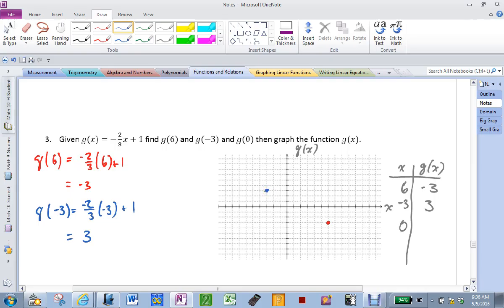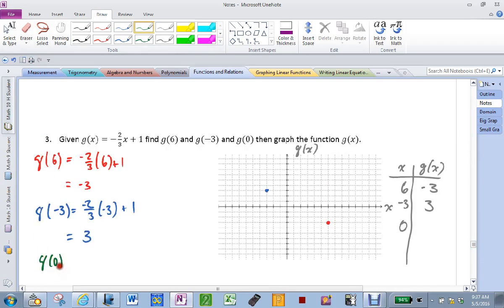Everybody okay still? What if you can't do this in your head? Then what do you got to do? Use a calculator or actually do math, right? I can do fractions in my head. You guys might not be able to, but you do know how to deal with these numbers, so deal with them, yeah? And then finally, what is the third input I have?